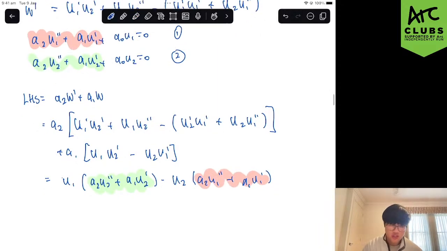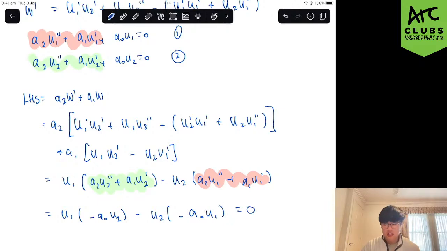So we can make that substitution. So U1 times minus A0 U2, minus U2 times minus A0 U1, and that's just equal to 0. So then we have proved that A2 W dash plus A1 W equals 0, and that's as required.